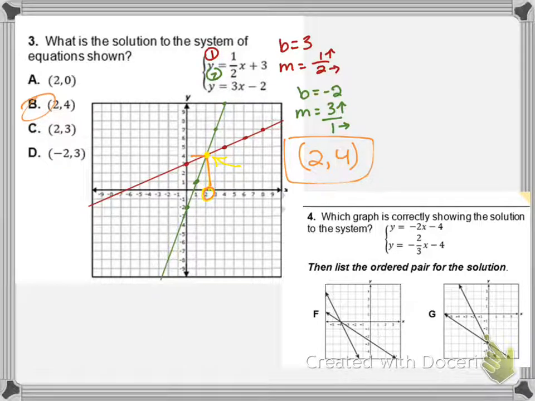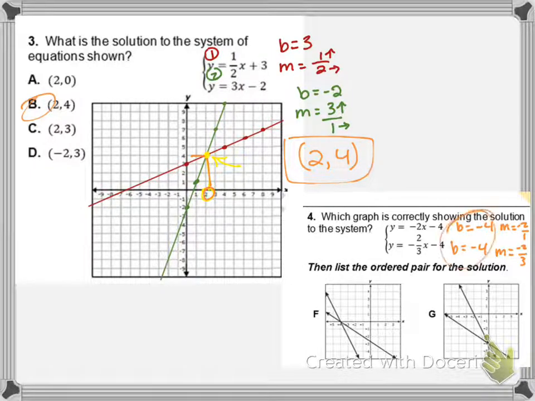For number 4, it says, which graph is correctly showing the solution of the system? I'm going to put b equals -4 and my slope is -2/1. For my second one, b is also equal to -4, and m is equal to -2/3.